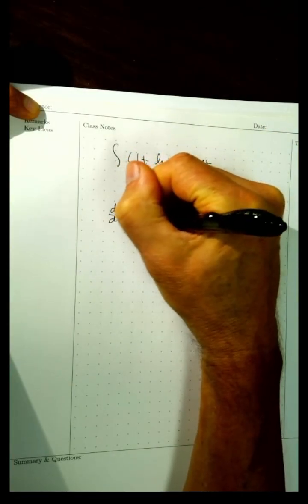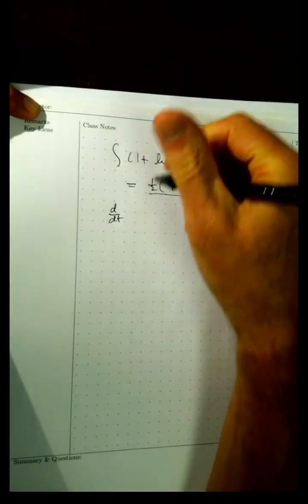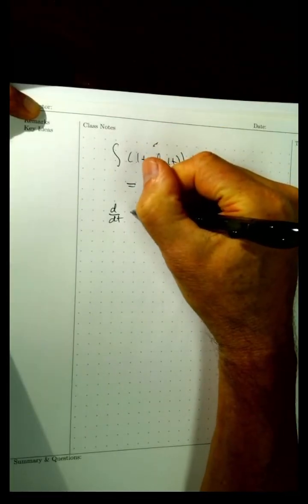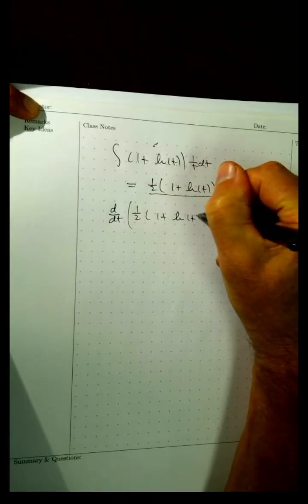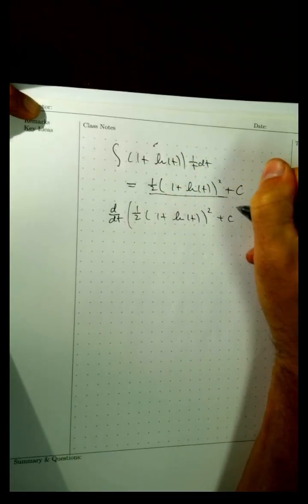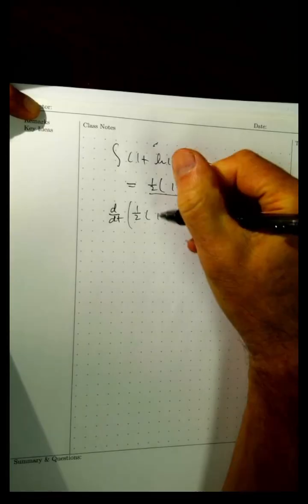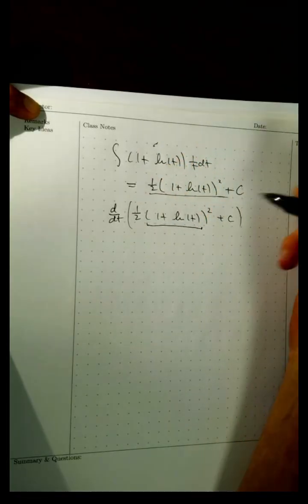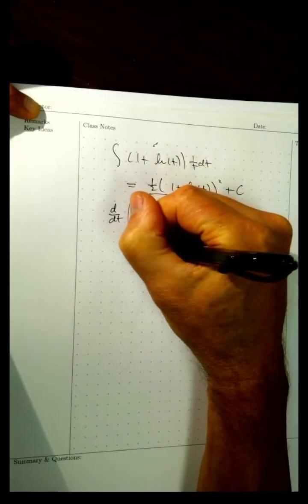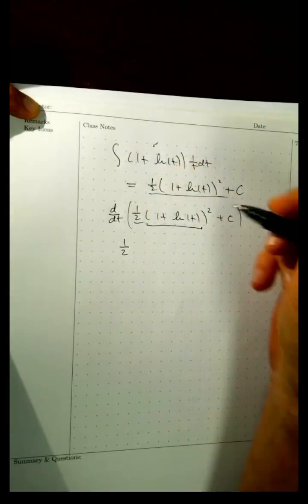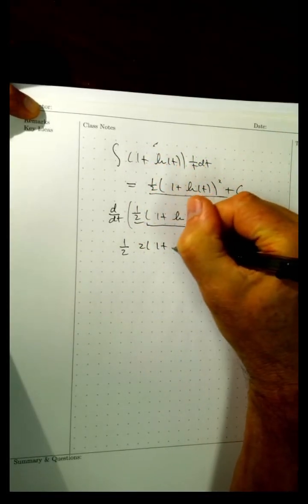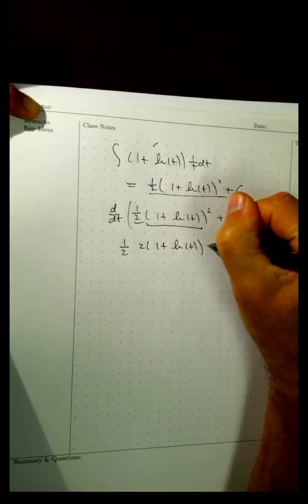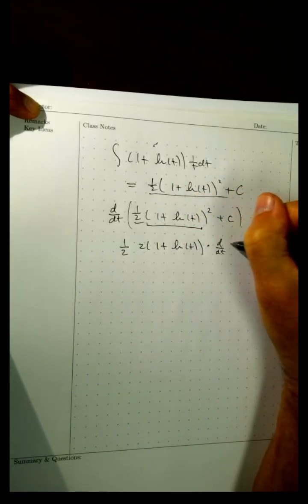Now if I check this, if I take the derivative of this thing, I should get the original integrand. So if I take the derivative of that, well, I've got the derivative of something squared, so by the chain rule, I can just forget about this constant here that I'm multiplying. I'm going to have 2 times the something times the derivative of the something.